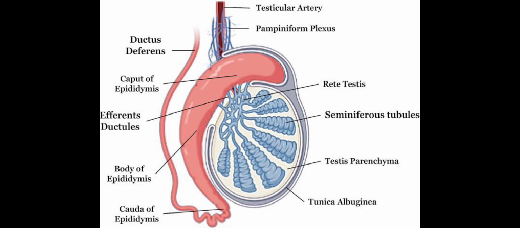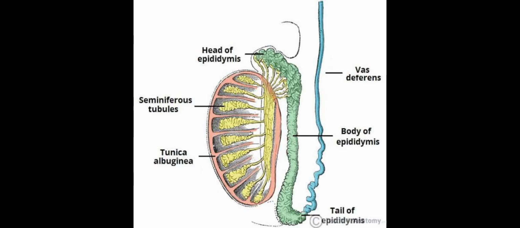The seminiferous tubules first form a straight tubule, then the rete testis, and from the rete testis the efferent tubules, and then the epididymis. From the epididymis it goes into the vas deferens, which combines with the seminal vesicle and enters the posterior urethra in the form of the ejaculatory duct.